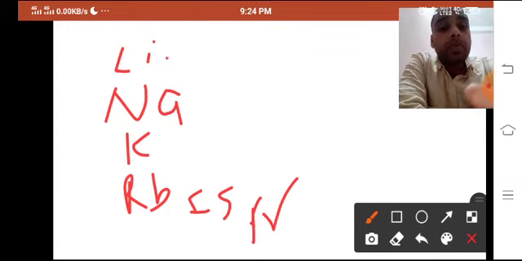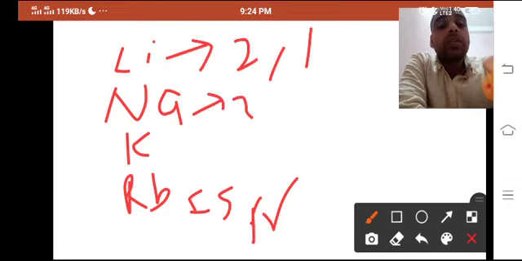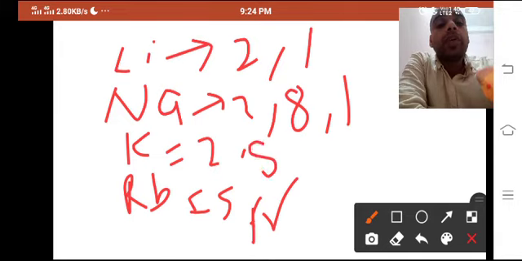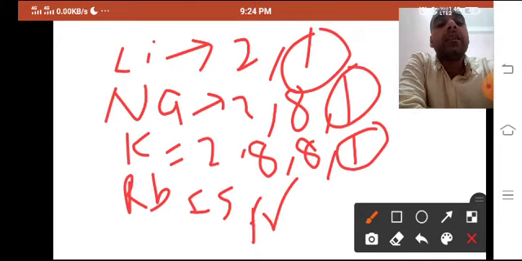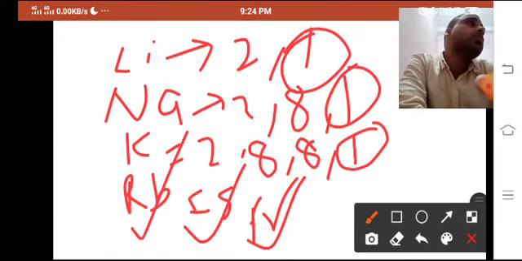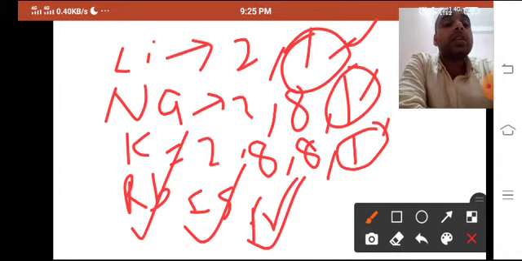If I write the electronic configuration, 2 1, 2 8 1, 2 8 8 1, it means one valence electron everywhere. If I write for rubidium, cesium and francium also, the number of electrons, then 1 is coming as a valence electron.